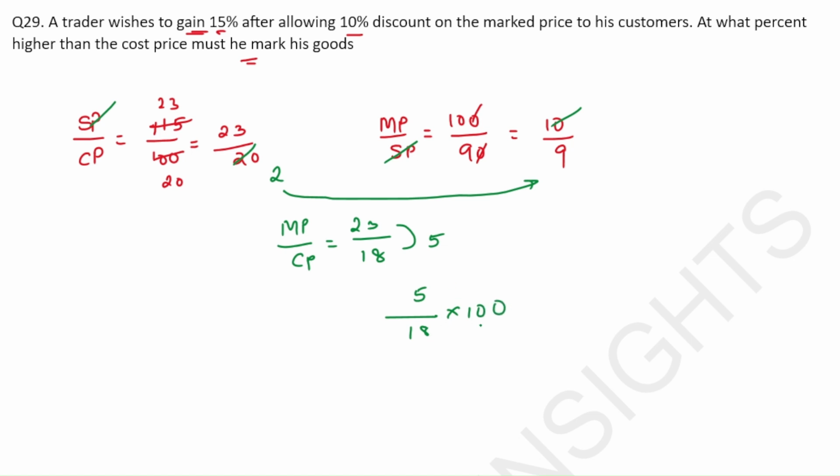If you solve this, you will get the value as 27.77%. So the trader has to mark his goods at 27.77% higher than the cost price to get a 15% gain after allowing a 10% discount.